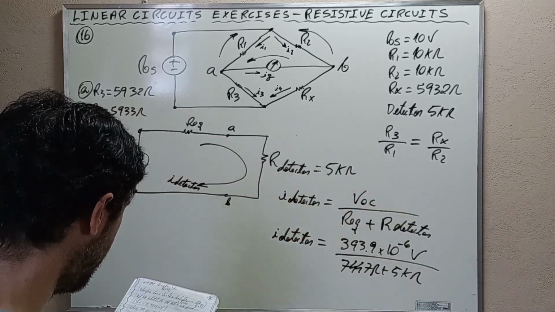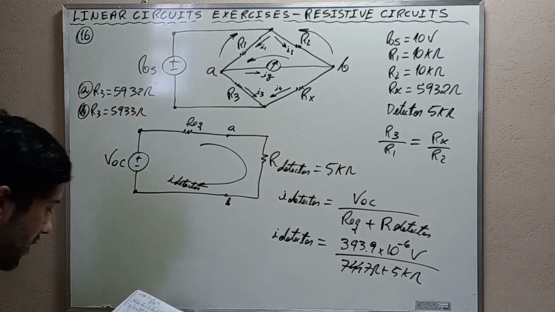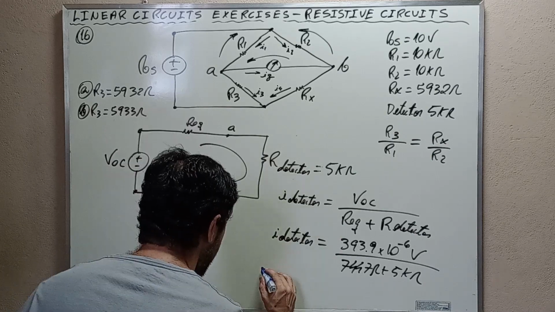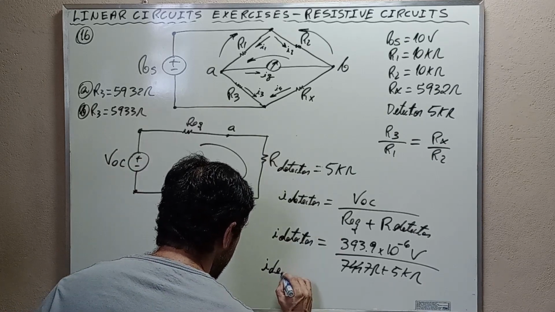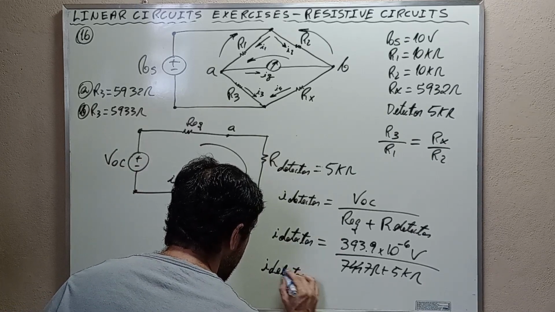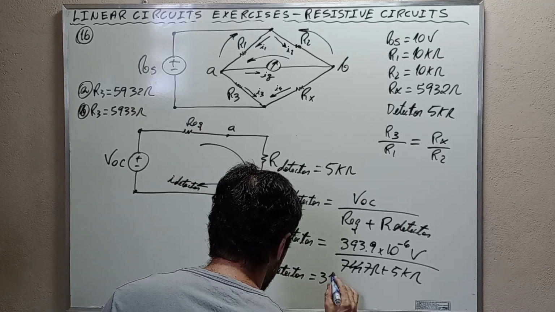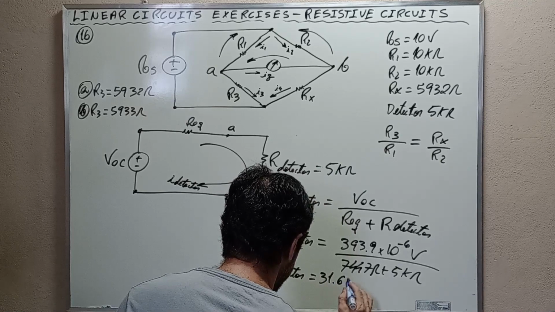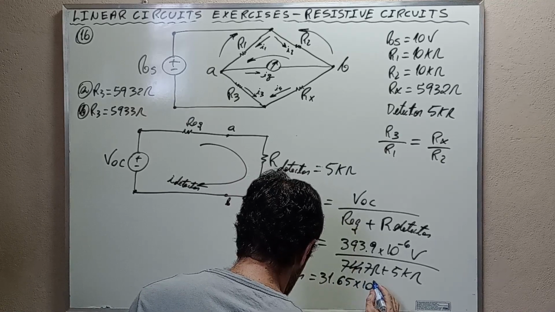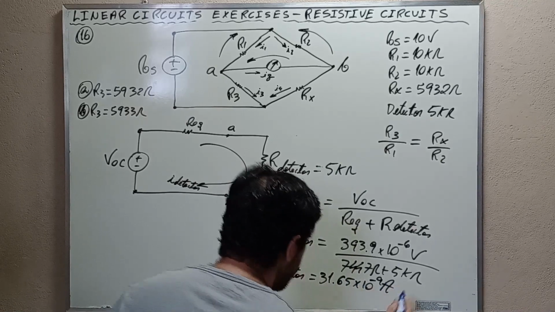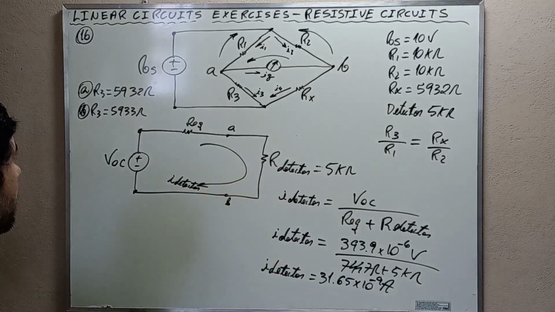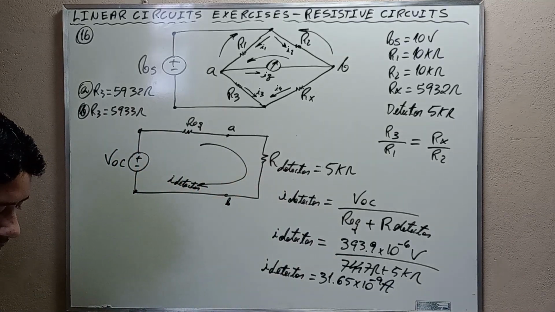And in this way we finish the exercise by finding that the current of the detector is equal to 31.65 times 10 to the negative 9 amps. Okay, my friends, this is exercise 16.